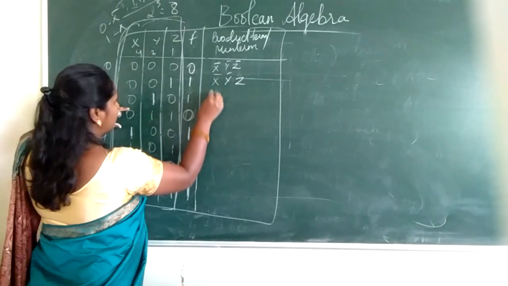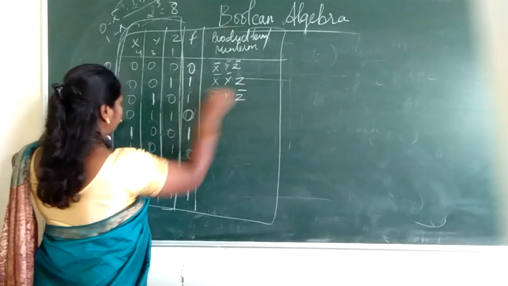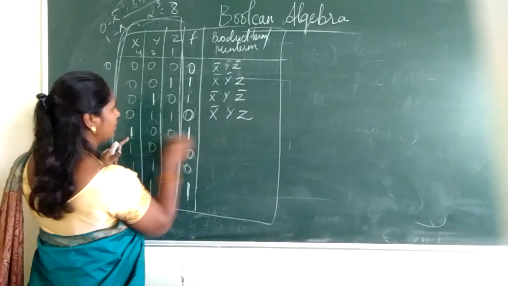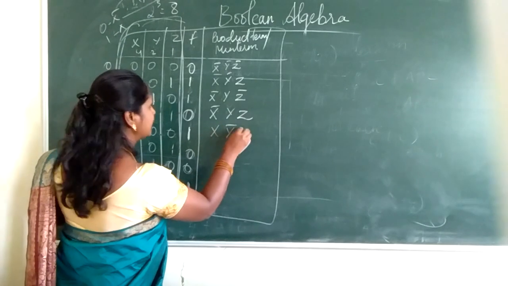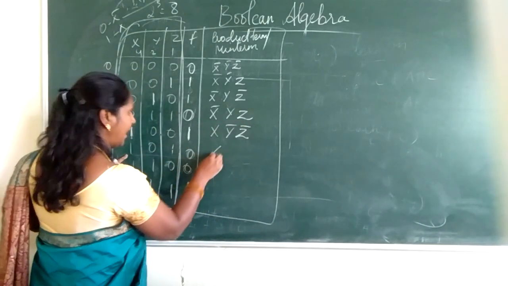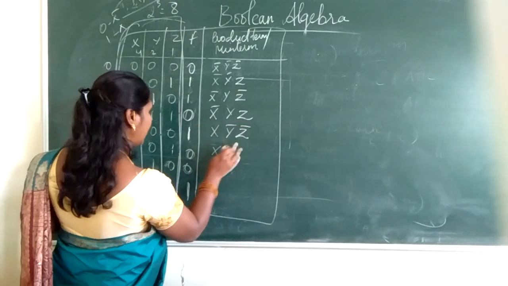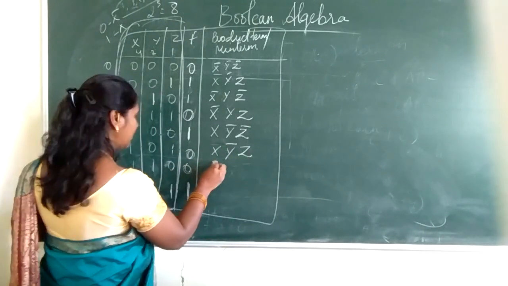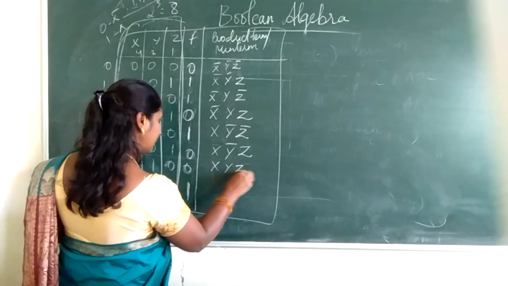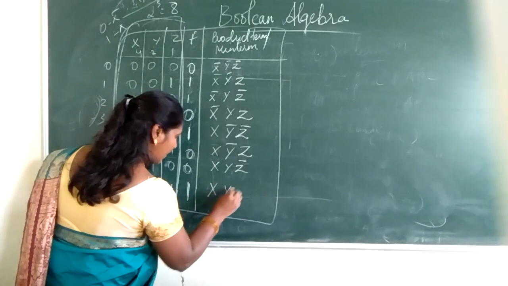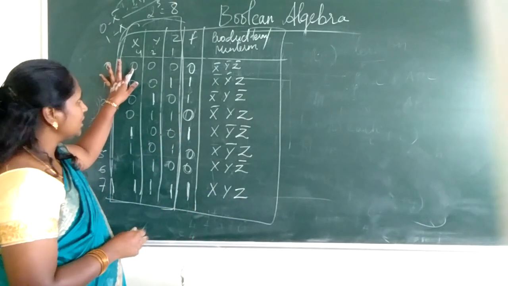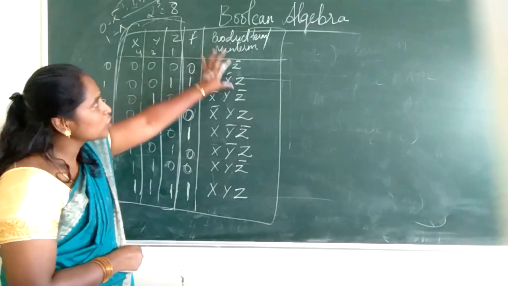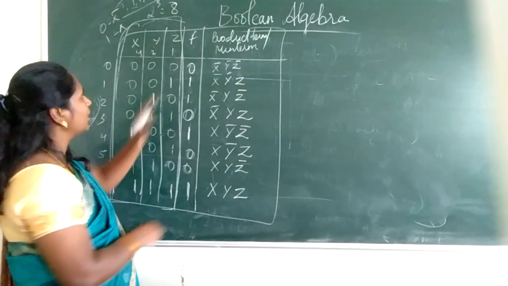Here x bar, y, z bar. Here x bar, y, z. Here x, y bar, z bar. Here x, y bar, z. Here x, y, z bar. Here x, y, z. Once again I am telling you, if it is 0 you put a complement. If it is 1, place the same literals as usual.